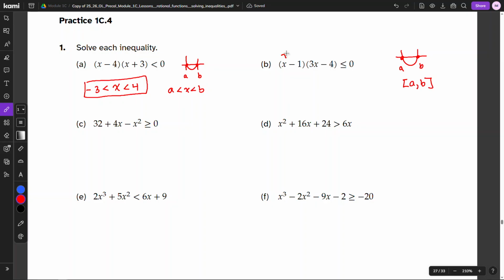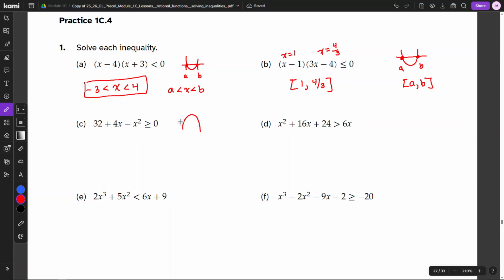And of course, my root here would be if x is equal to 1. My root here would be x is equal to 4/3. So between 1 and 4/3, 4/3 is on the right. So my solution set is going to be from 1 to 4/3.